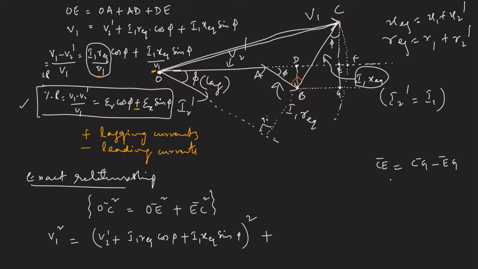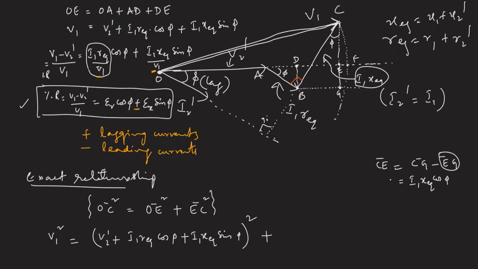Now CG, we know, is I1 X equivalent cos phi, and EG length is actually equal to DB length.